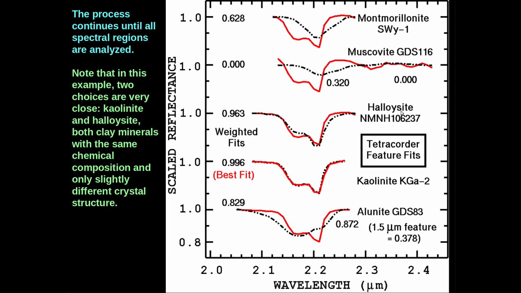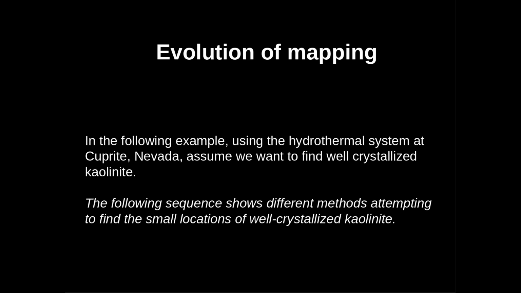Halloysite is a kaolinite group mineral, but has slightly different absorption bands, as you can see. So in this case, the pixel would be found using two groups, would be found as hematite plus well-crystallized kaolinite. We do that for every pixel in a scene, and then we can produce maps.